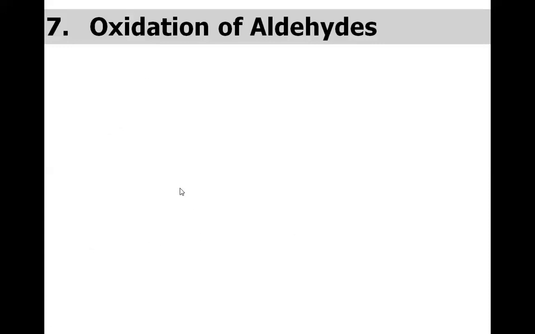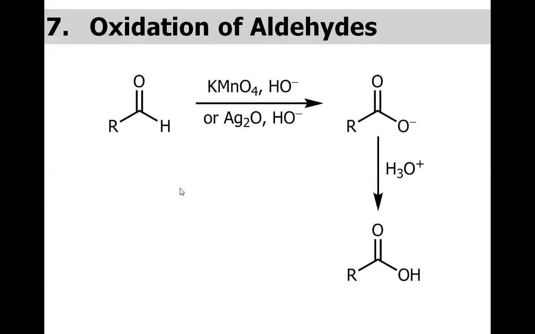Now let's discuss the oxidation of aldehydes. Remember, this reaction is specific to the aldehyde, in which we treat the aldehyde with potassium permanganate under alkaline condition to have this carboxylate salt, which upon workup gives us the carboxylic acid. We may also use silver oxide in replacement of the potassium permanganate. Remember, this reaction is specific to aldehyde.